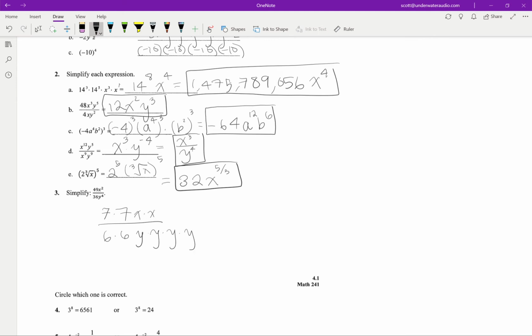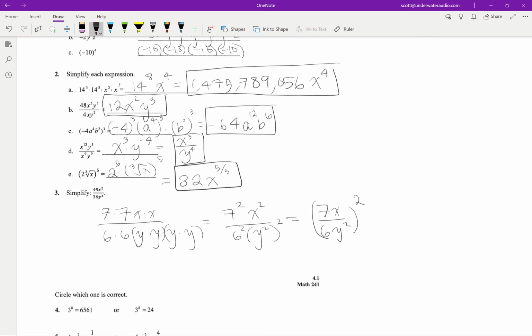So a cool trick I could do here is rewrite this as 7 squared, and then the x squared as before, over 6 squared, and then y squared squared. I've got a y times a y, so I could write that as y squared squared. So then I could think of that as 7x over 6y squared, all of that squared.